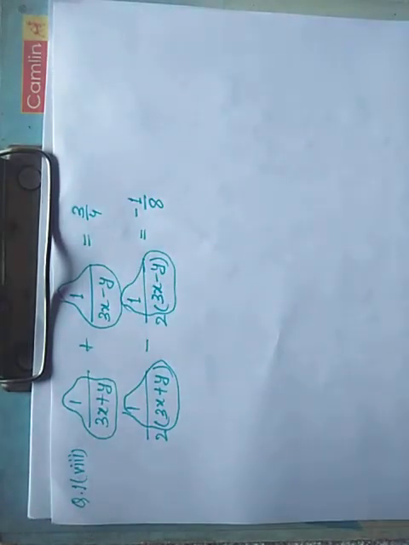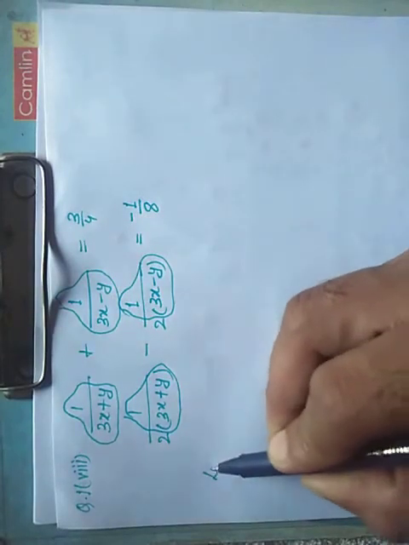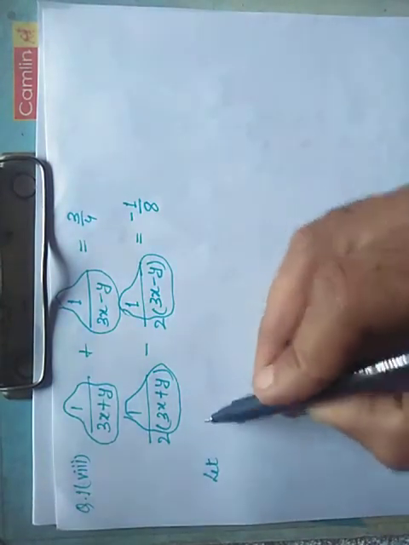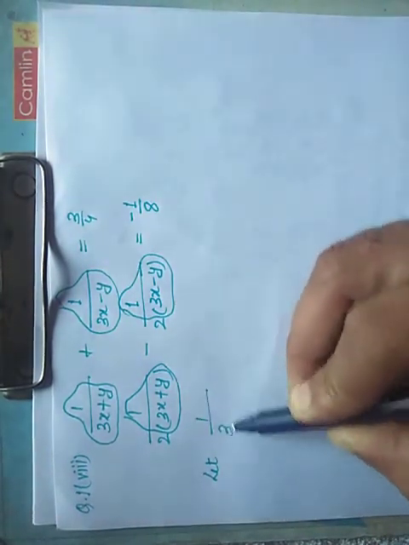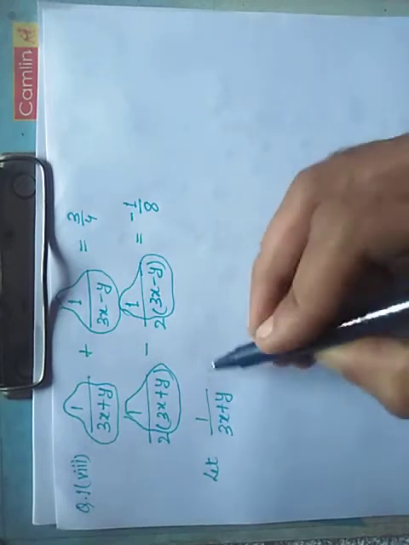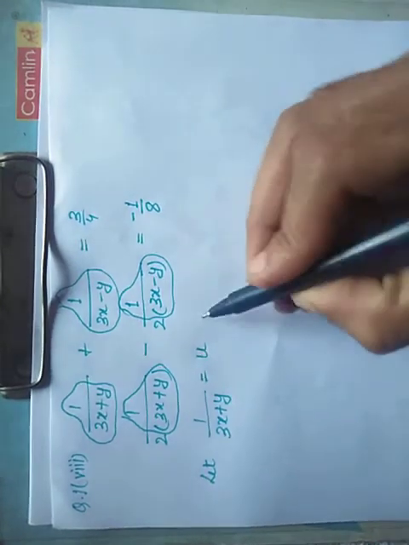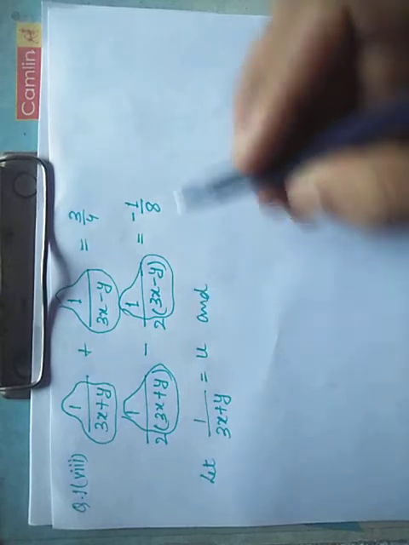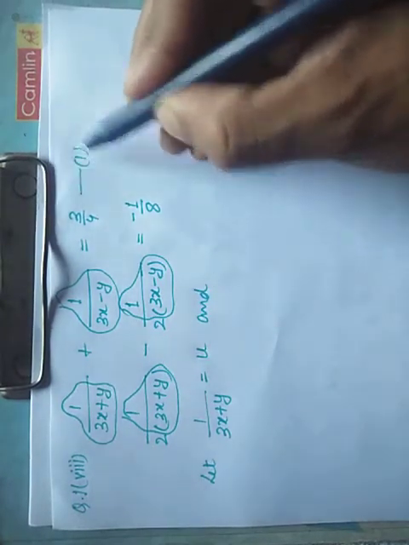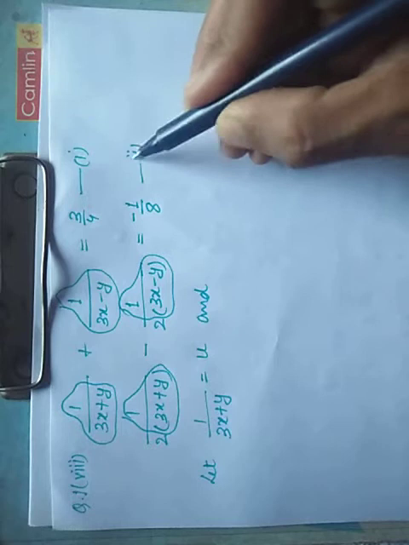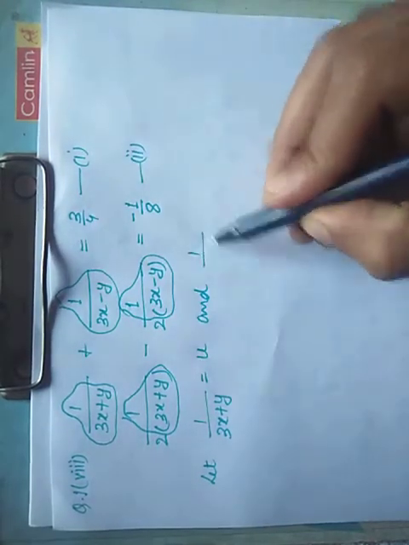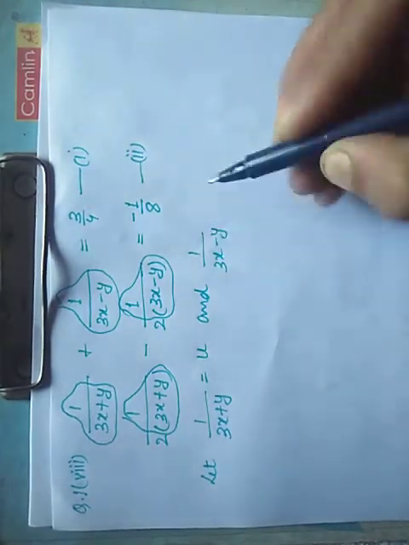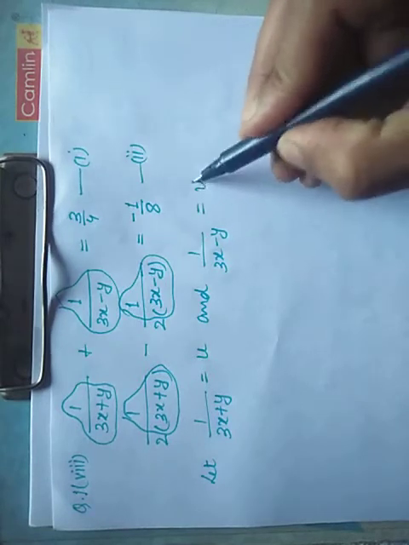So it is common in both, so we can consider let 1 upon 3x plus y is equal to u, this is first equation, this is second equation, and 1 upon 3x minus y is equal to v.